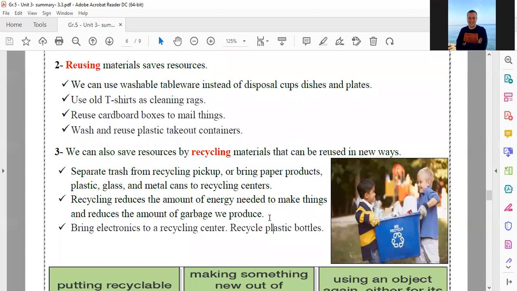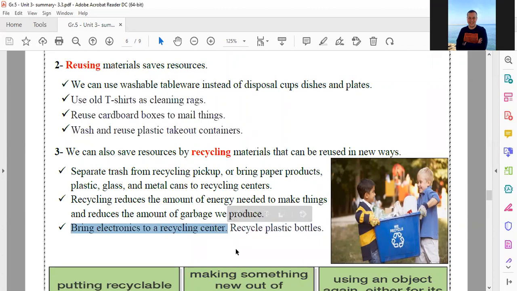So when we recycle these products, less energy will be needed to make new ones, and the amount of garbage will be less. Also, bring electronics to recycling centers, and recycle plastic bottles.